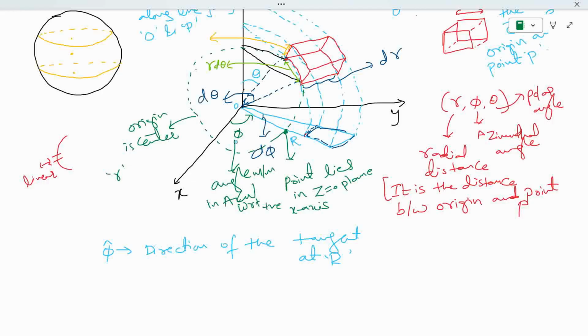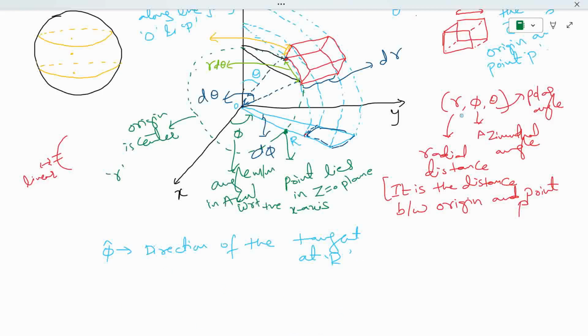Wherever the circle goes through the z equals 0 plane, we get a point R, so the direction of the tangent is at that point.